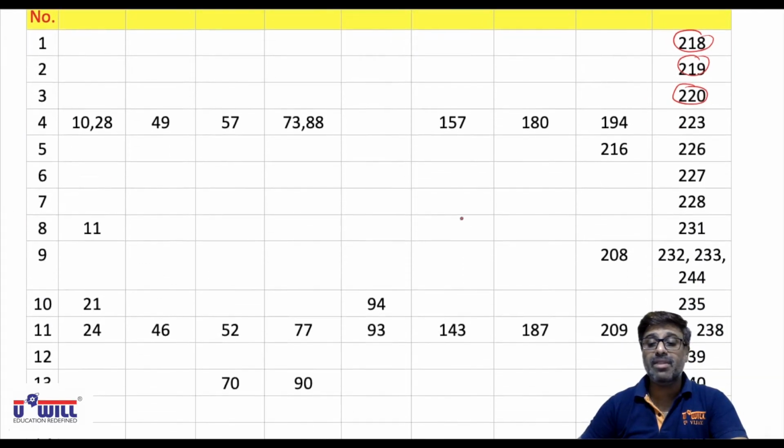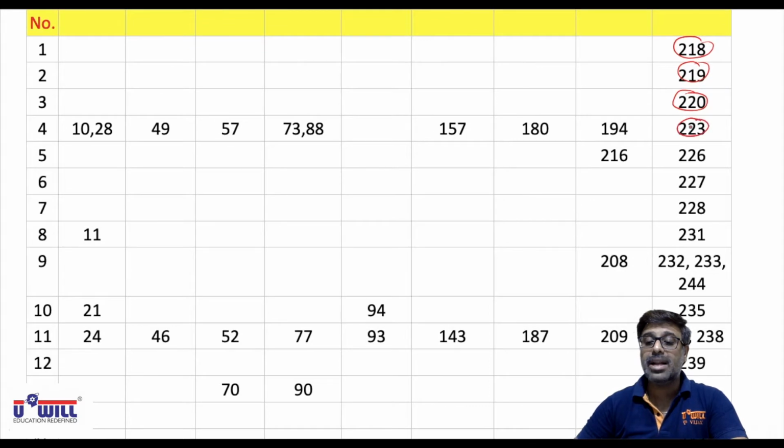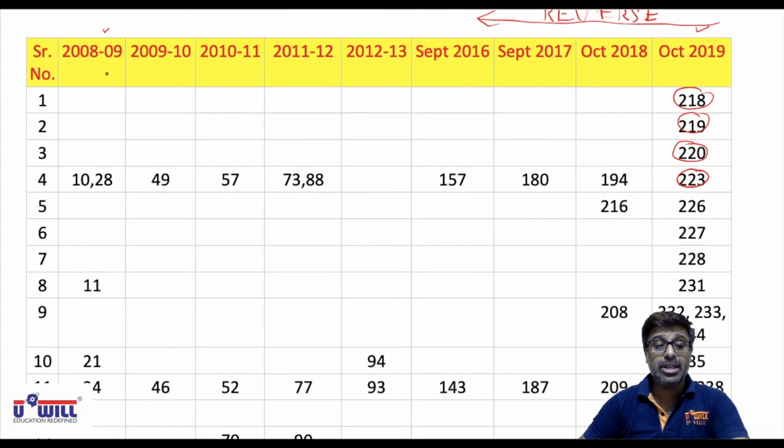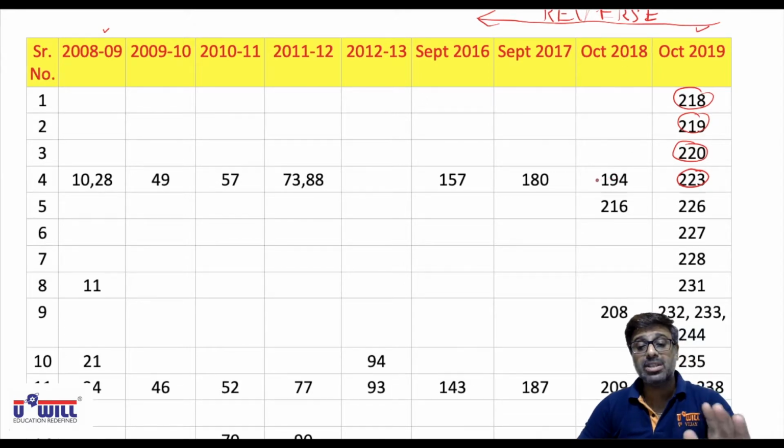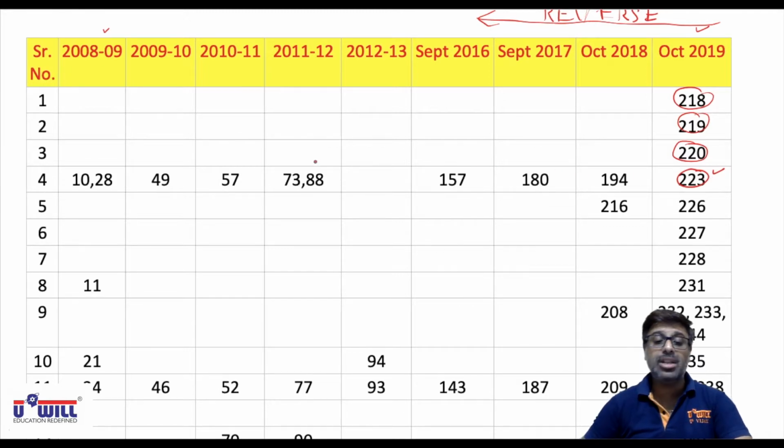Now question 4, 223rd question, I'll solve on the screen. All these questions: year 2008-09's question 10 and 28, 09-10's 49, 10-11's 57, 11-12's 73, 88, September 16's 157, September 2017's 180, and October 2018's 194. You can pause the video and try these questions immediately which are similar to question 223, or take a screenshot of this just now, and at the end, after all 35 questions are over, try all these questions on your own.